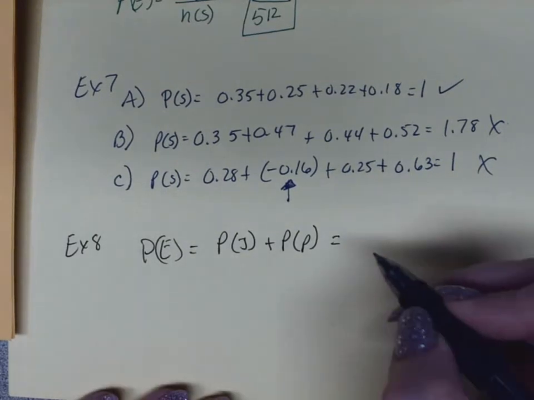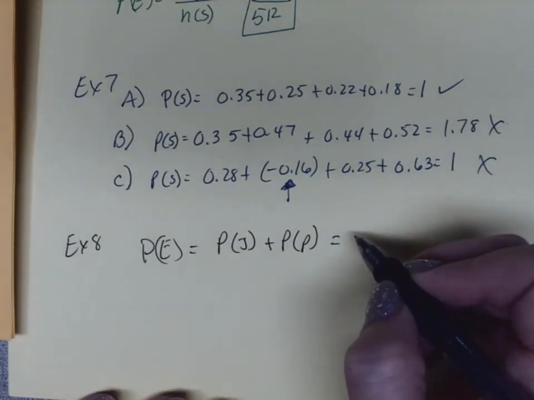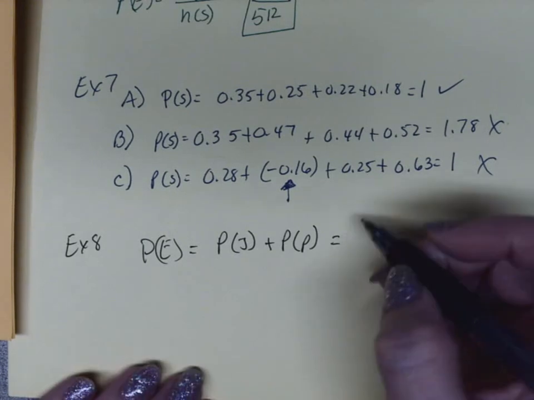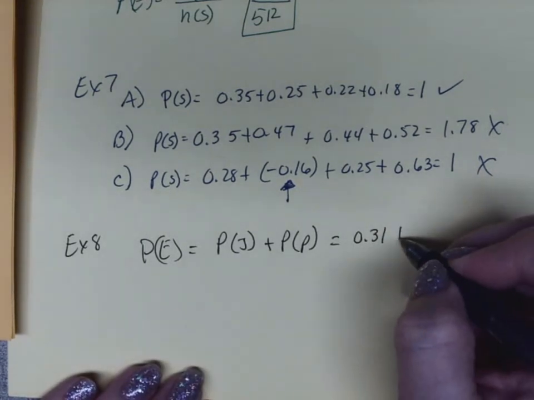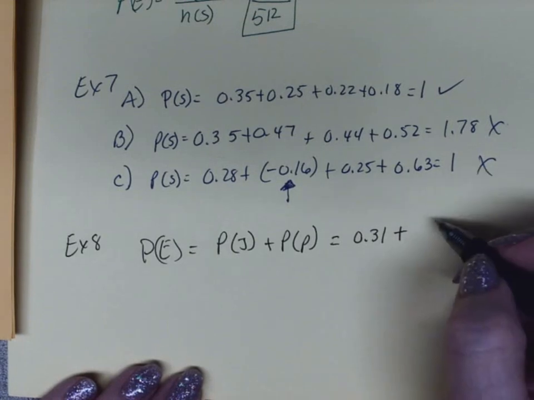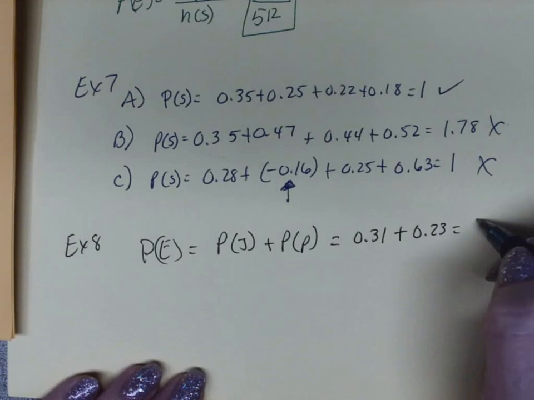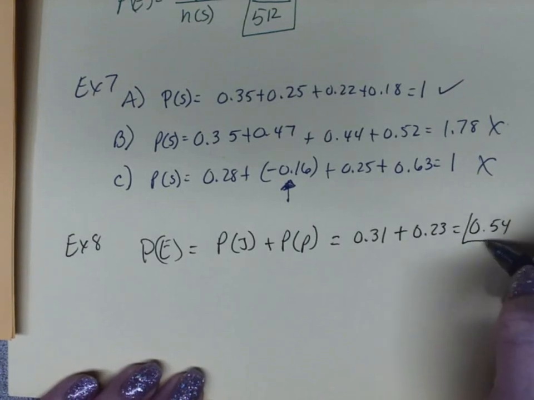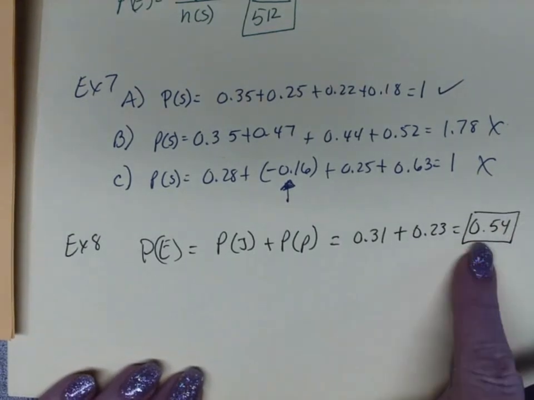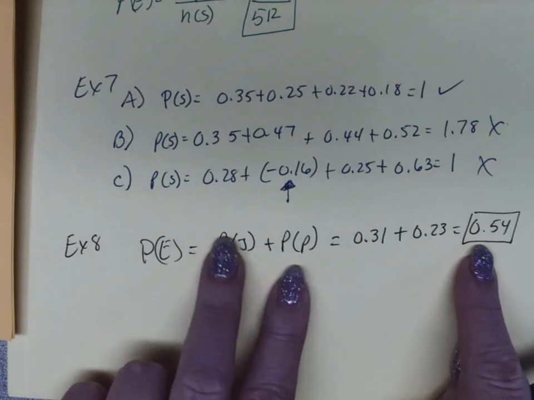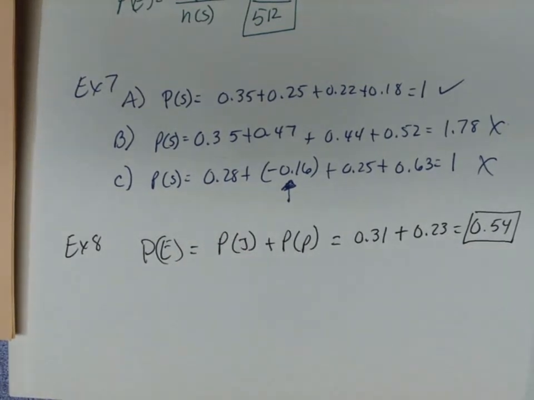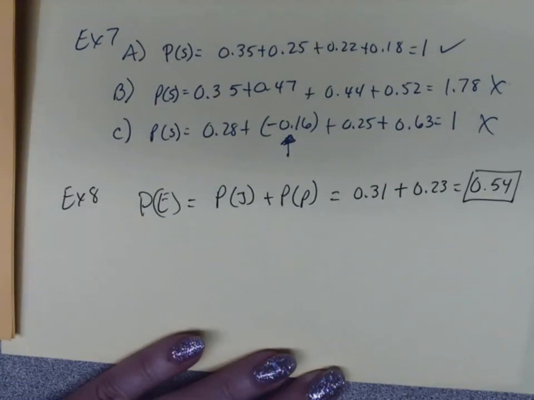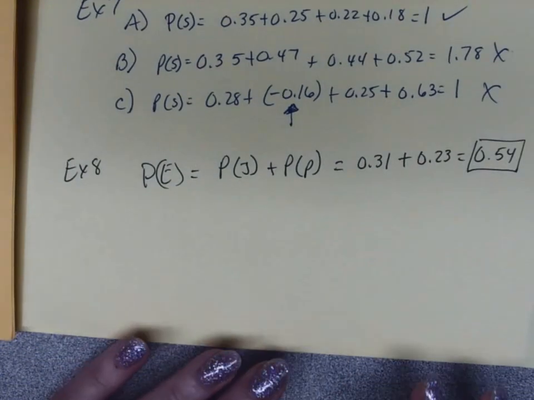So the probability of brand J was 0.31 in our word problem, and the probability of P is 0.23. This will get us 0.54. So the probability of them picking either one of these brands is 0.54 out of 1, which would be like 54%.